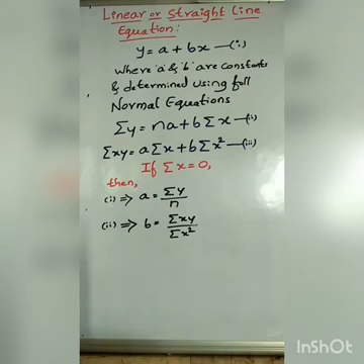Let us consider first method of least squares, which is linear or straight line equation method. We know already what is straight line or linear equation. Y is equal to a plus bx. I have mentioned already where a and b are constants and those are to be determined using following normal equations.